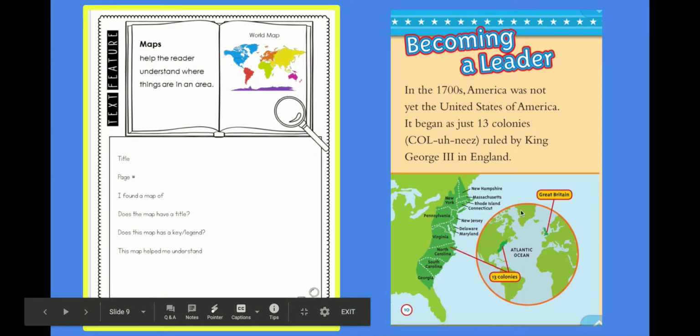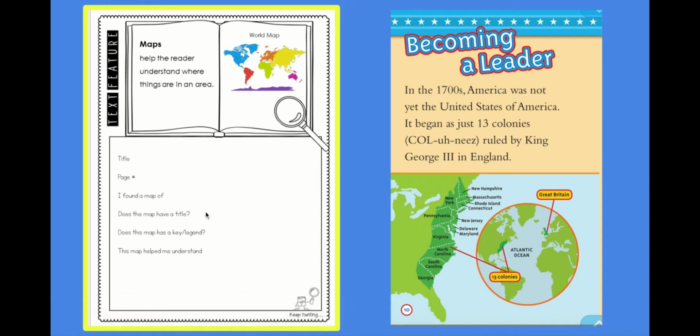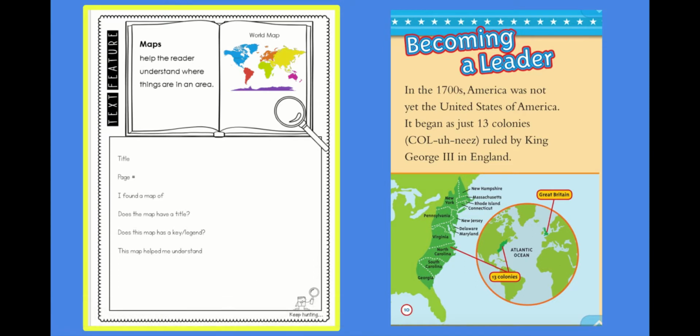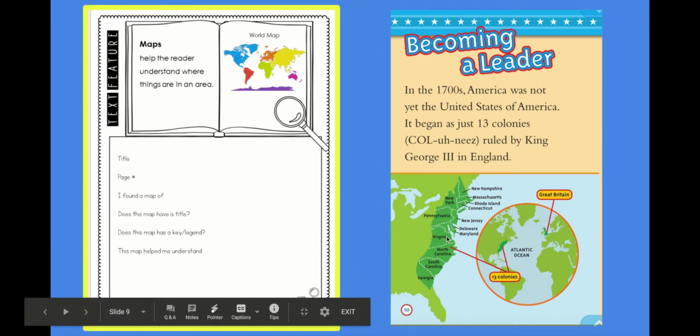This map does not have a title, so I'm going to put no. This map does not have a key or a legend, and that'll normally be labeled in the corner, so I'm going to put no. And this map helped me understand where the 13 colonies were in relation to Great Britain, where King George was ruling them in England.